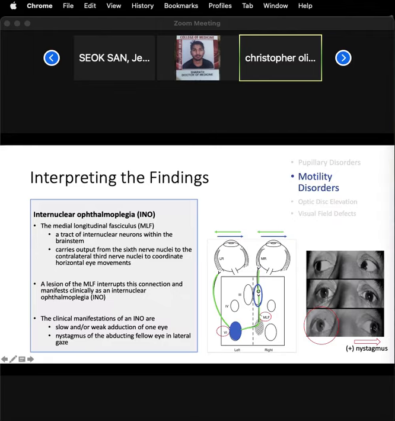So it looks like it's quivering as he looks to the left. And that's what you call an internuclear lesion in the MLF, or the medial longitudinal fasciculus.